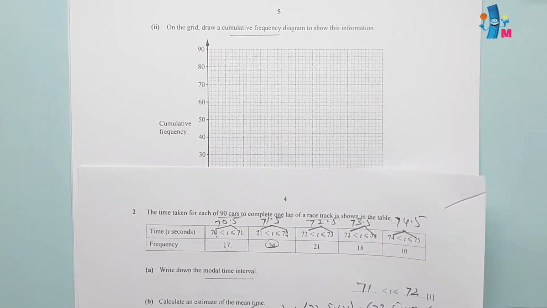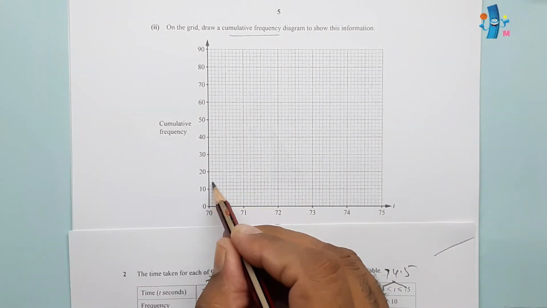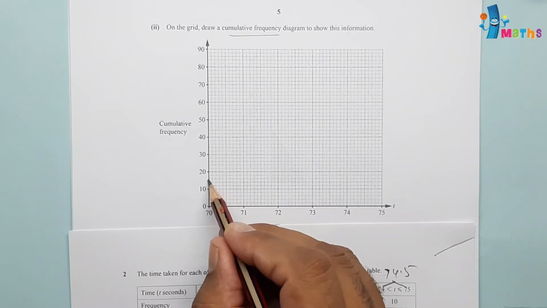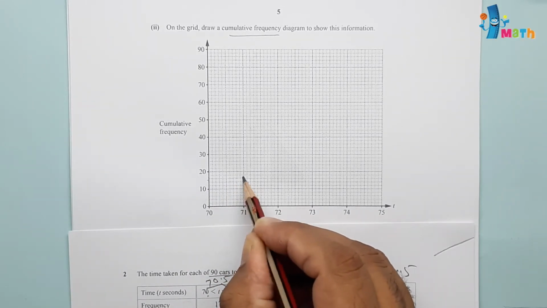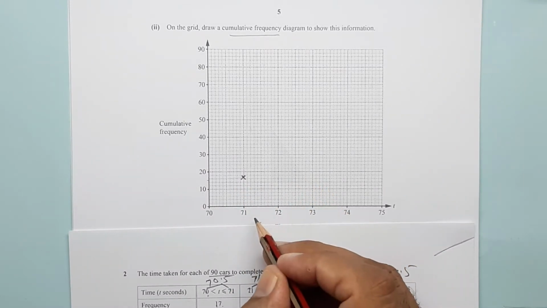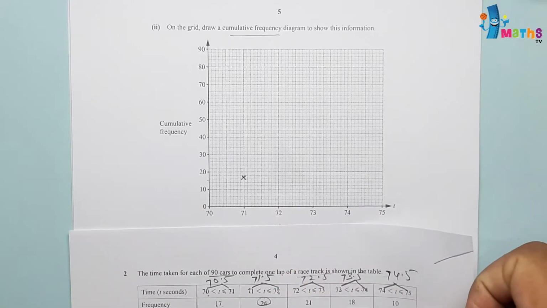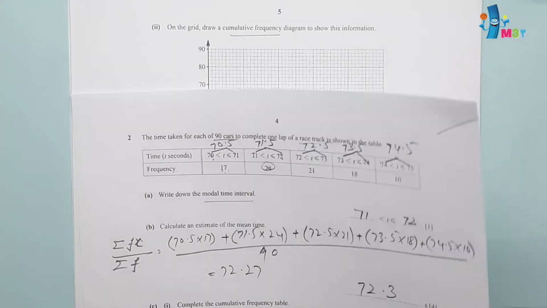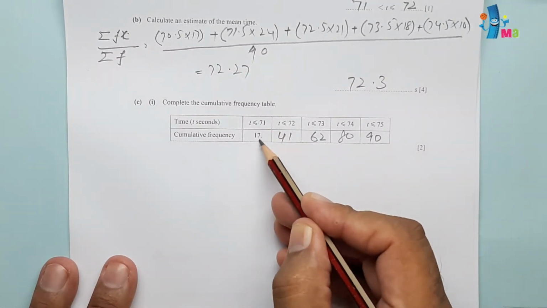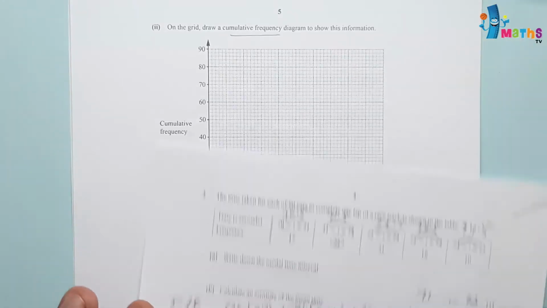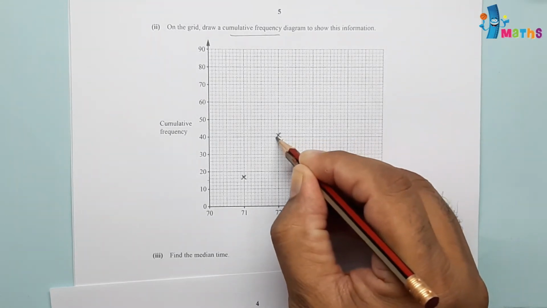Up to 71 it is 17, so we take a point here. For 72 it is 41, so we take a point a little above 40.